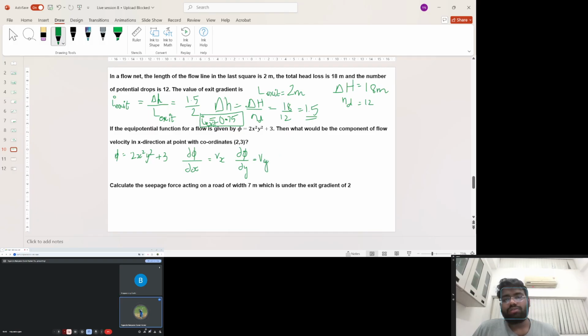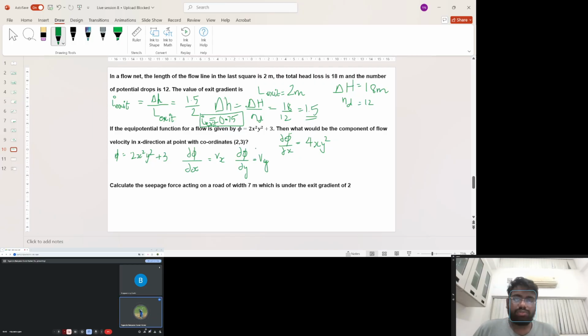Alright, now we need to partially differentiate this function with respect to x. So that will yield dou phi by dou x is equal to 4x y square. The differentiation of the constant will be 0.